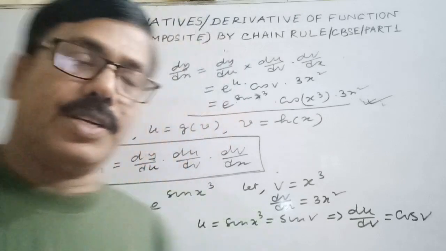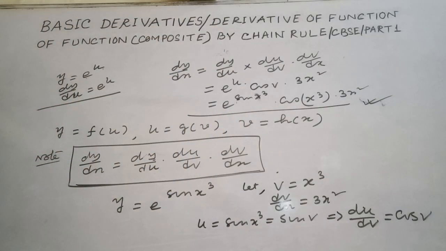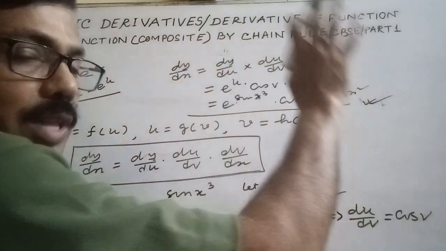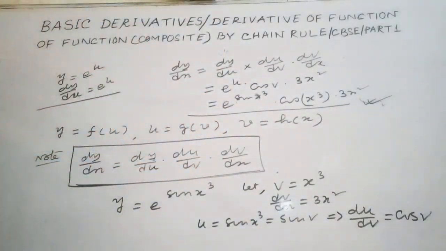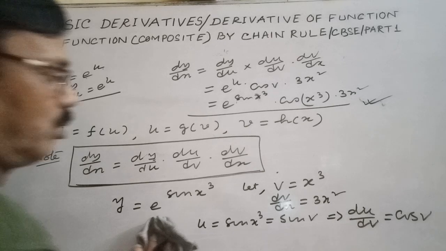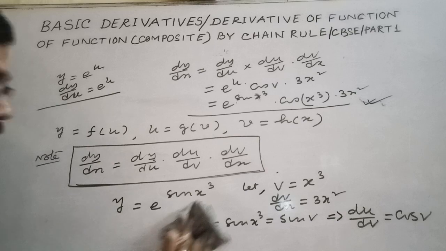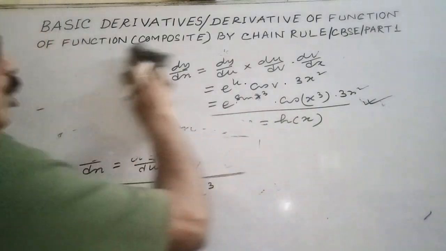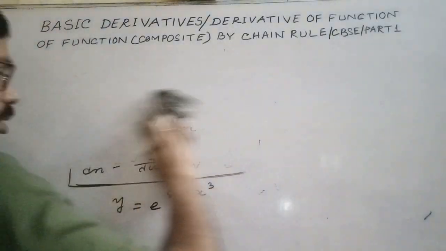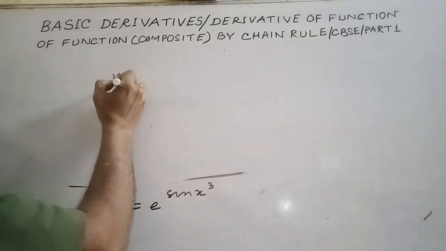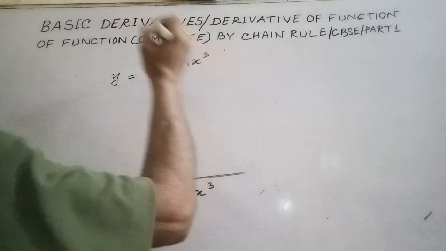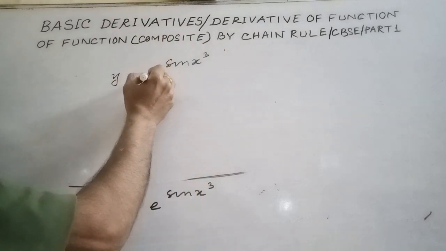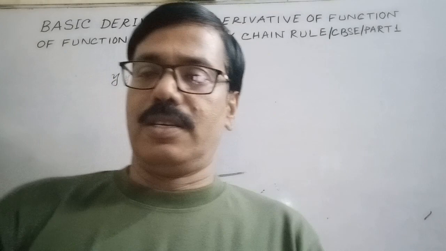But I have already stated, if we follow this rule and there is more than one function, it will take time. That is why we use the shortcut rule. So if we solve it by the shortcut rule, look, y equals e to the power sin x^3. The main function is the exponential function.